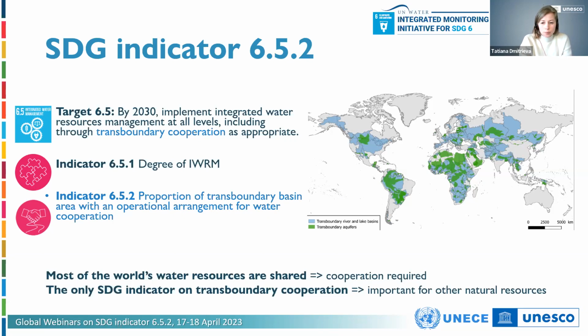Also, as shown on the map on your right, most of the world's waters are shared. There are 153 countries that share transboundary rivers and lakes, in blue, and transboundary aquifers, in green, as was already mentioned in the opening remarks by Sonia and by Aurélien. For this reason, transboundary water cooperation is required. Indicator 6.5.2 is the only indicator on transboundary cooperation, and it's very important for other natural resources. Next slide, please.